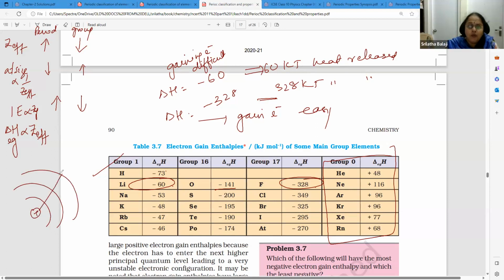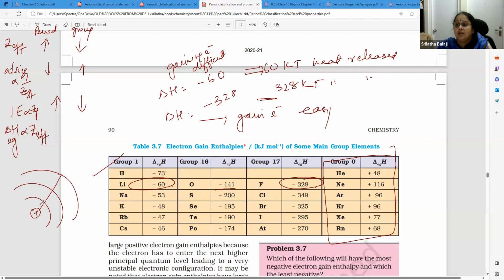So when the influence of positive charge is more, will it attract electron or will it repel electron? It will attract, no? If the power of positive charge in the centralized nucleus is greater, it's exerting more force. So will it attract electron or will it let go the electron? That. So gaining electron is easier now.